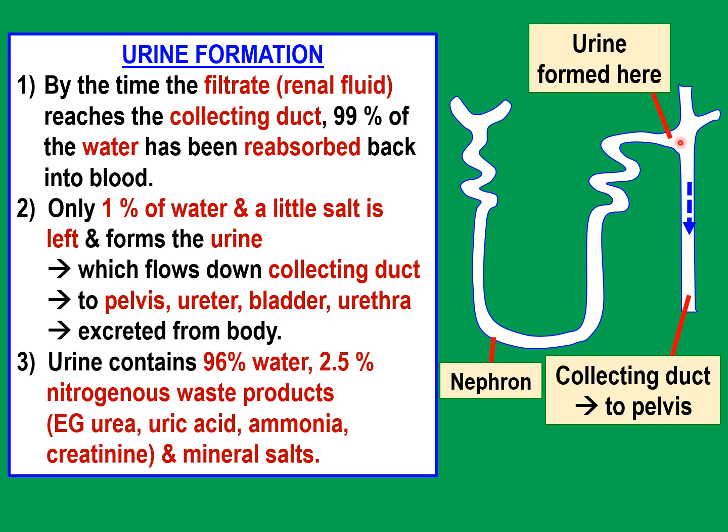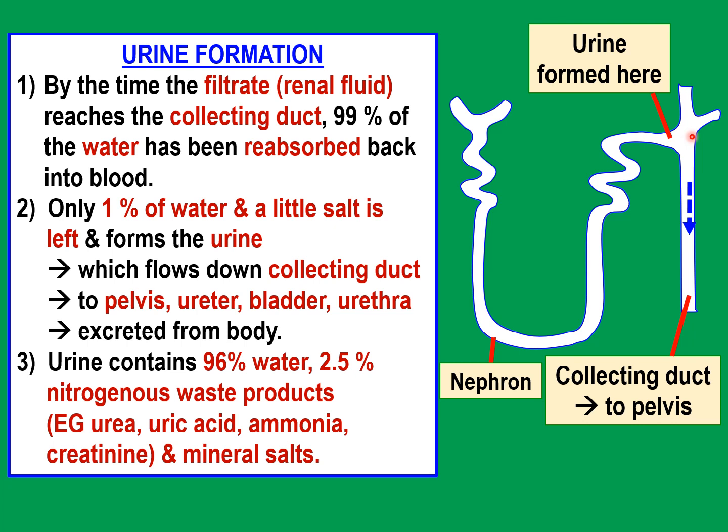Okay, so the urine is formed at the junction with the collecting duct, which helps to collect urine to the pelvis. By the time the filtrate or renal fluid reaches the collecting duct here, 99% of the water has been reabsorbed back into the blood.